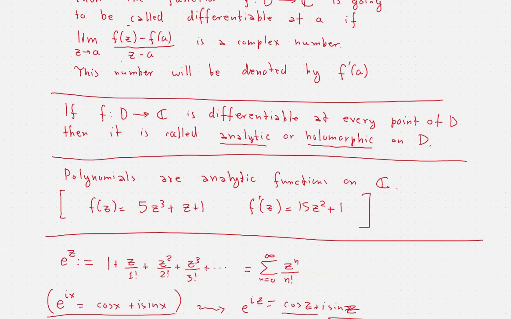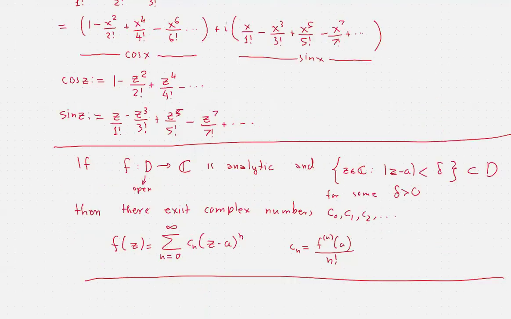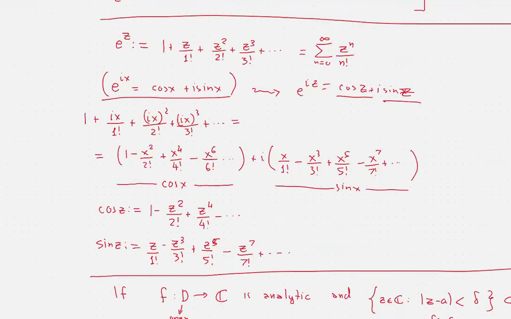And we have the very interesting fact that any such function is pretty much an infinite polynomial within every disk. And we also gave these interesting examples of analytic functions that we get by extending well-known functions of real numbers.